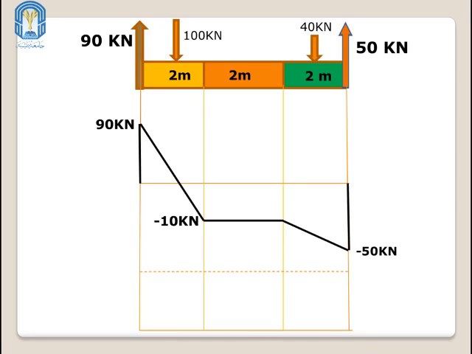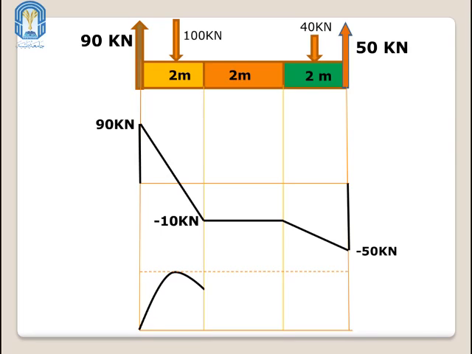After we determine our shear force diagram, we can draw our bending moment diagram. Now we will draw the first curve because we have this line, and if we integrate this line, it will be curved, as we saw at the start of this video.